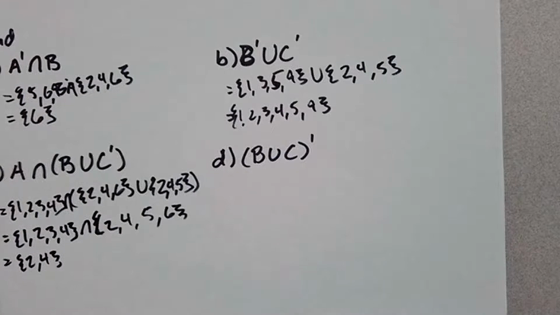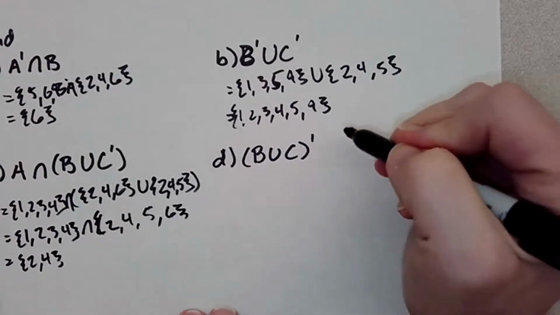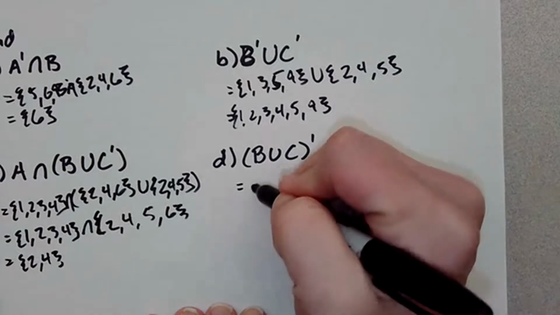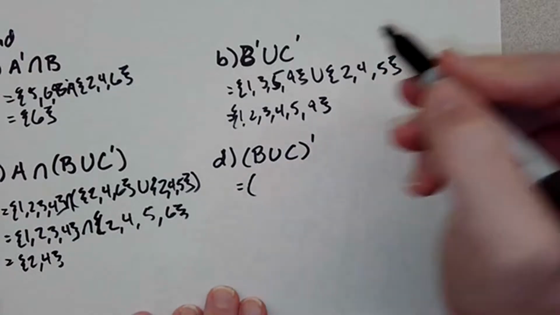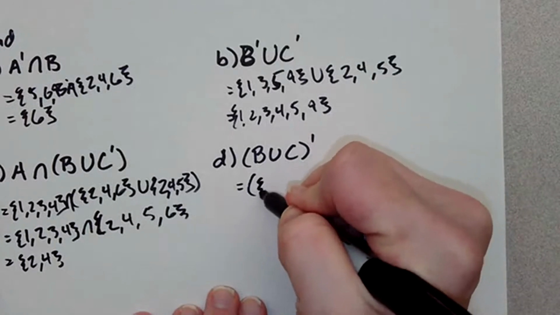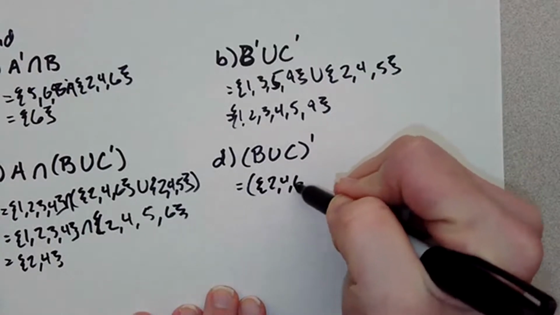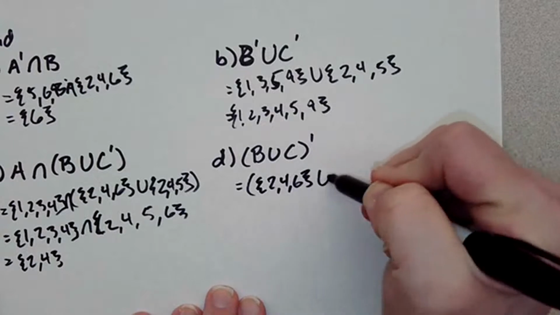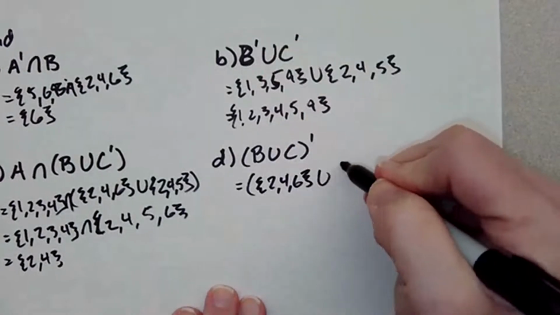Finally, we're looking for the complement of the union of B and C. So this is going to be 2, 4, 6 union 1, 3, 6, 9.